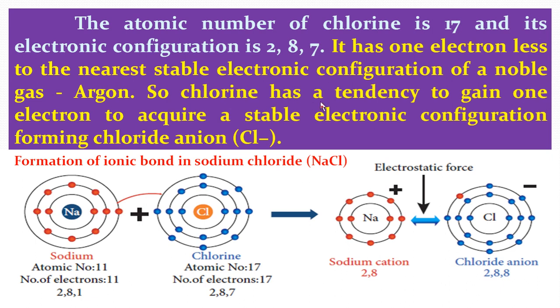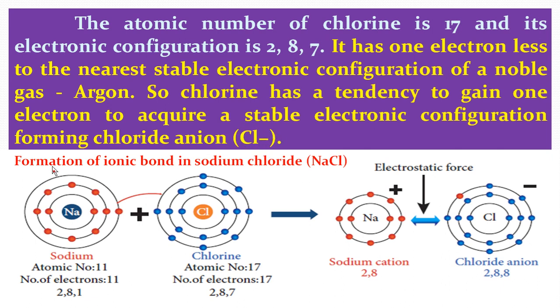So, chlorine has a tendency to gain one electron from the sodium atom to acquire a stable octet, forming a chloride ion, Cl minus. When it becomes Cl minus, chlorine gains one electron to complete the stable octet.